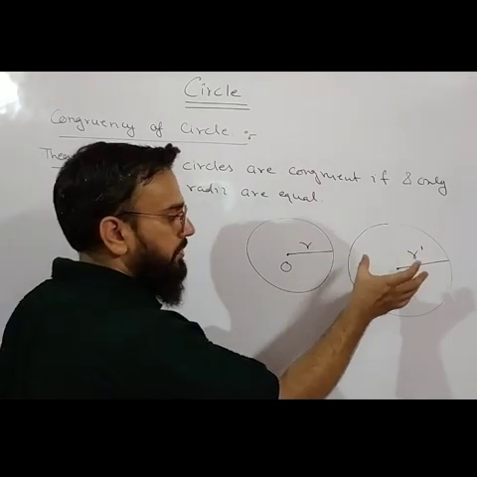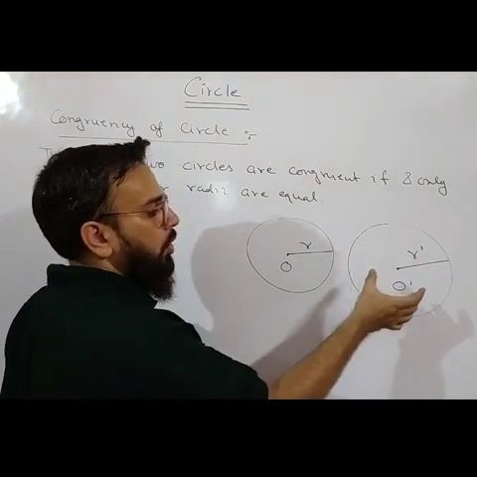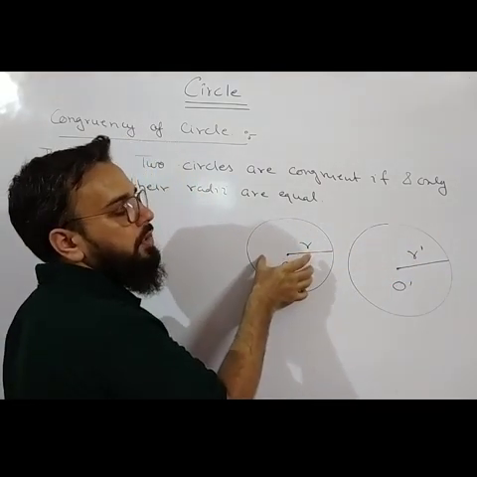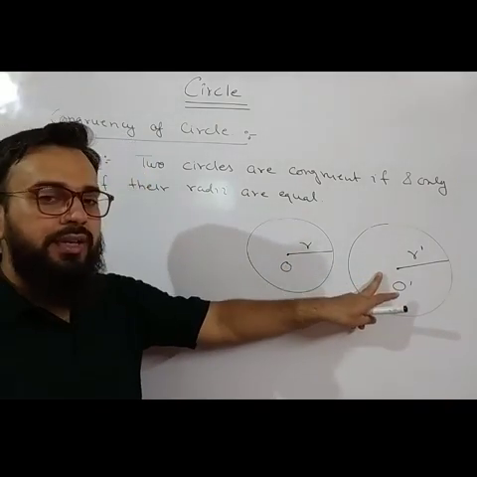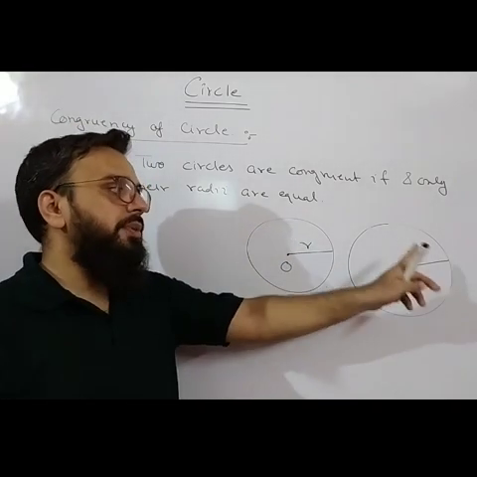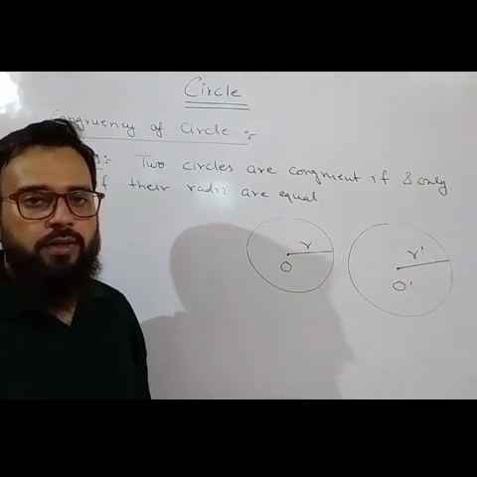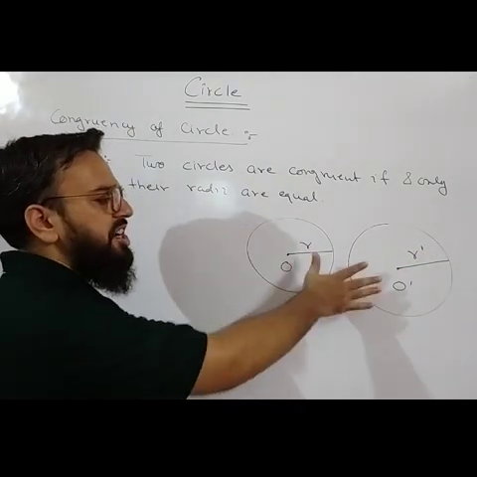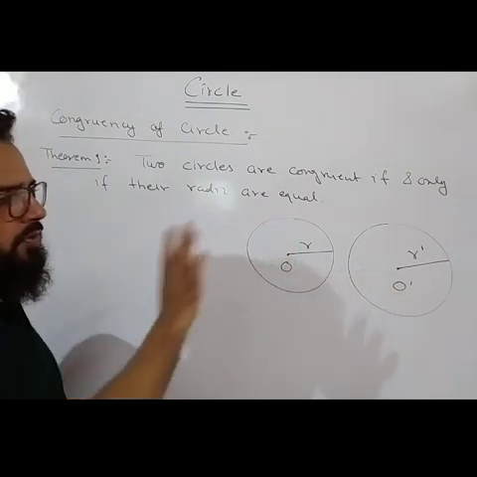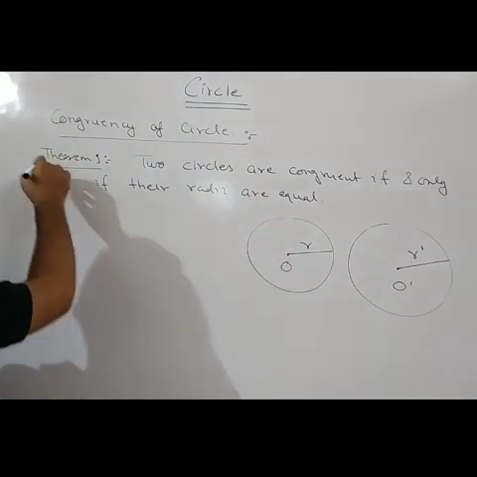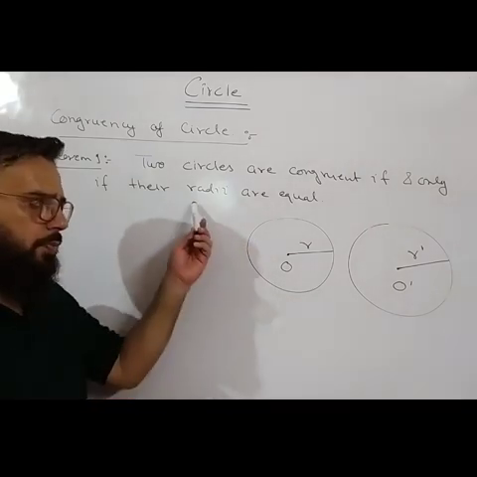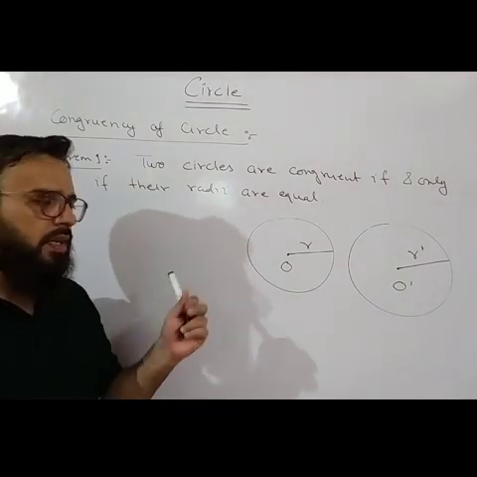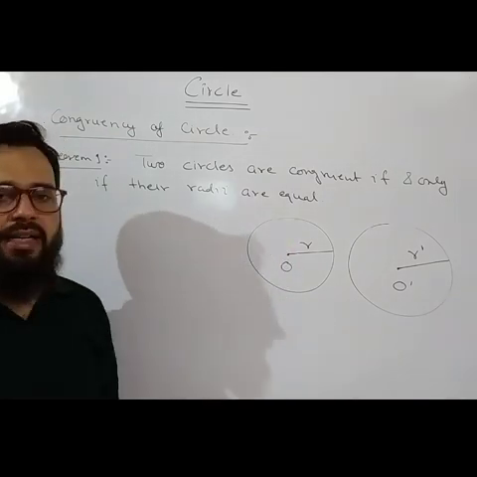So if we put the circle with center O dash on the circle with center O, then they will superimpose only when the radius R is equal to R dash. You can write just the statement, but there is no need to prove this theorem. You have to simply remember it, because it will be used further. There is no mathematical proof of this theorem; we prove it by simple practical.